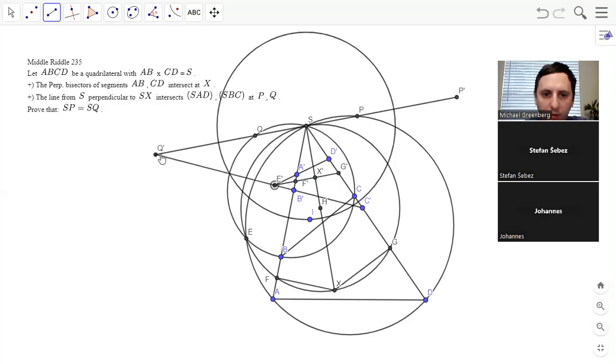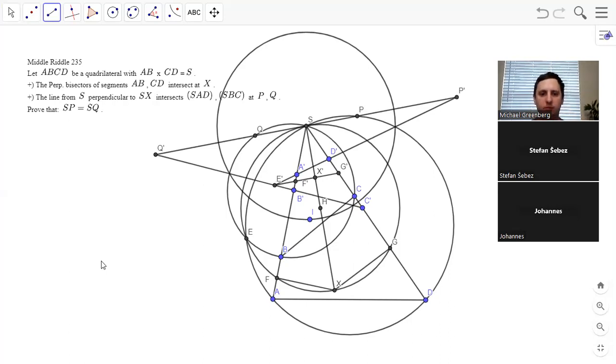And are these collinear? Yeah, because Q is the intersection of, they're cyclic. Yeah, cyclic. And now, E, B, C, Q. All we need to figure out is what are F prime and G prime.